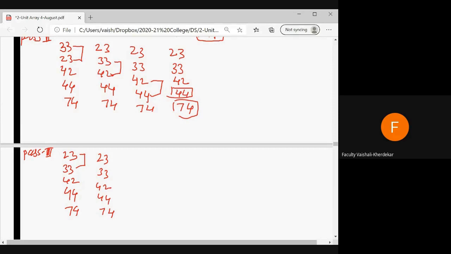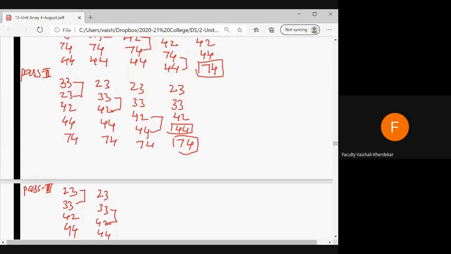Why do we need this pass? Because the pass will be the same. If we get sorted elements, then it is not necessary to continue. We can break the loop. We will see another example also, then you can easily understand that.